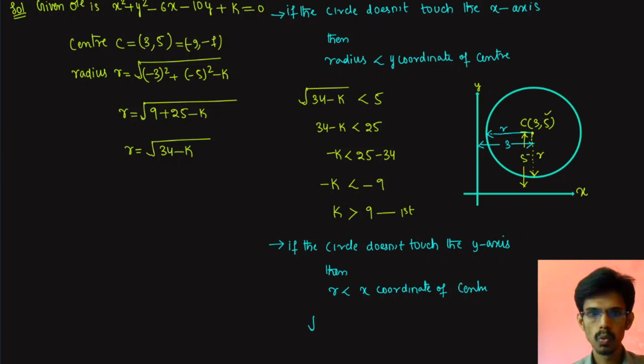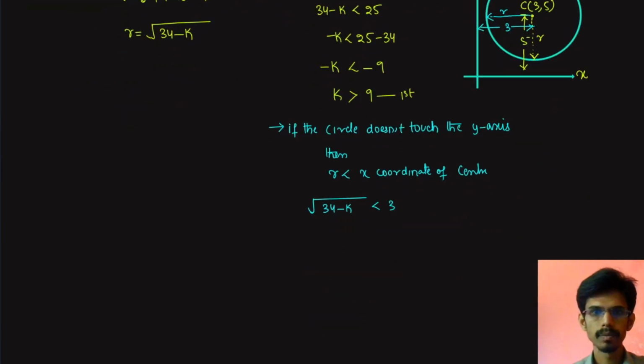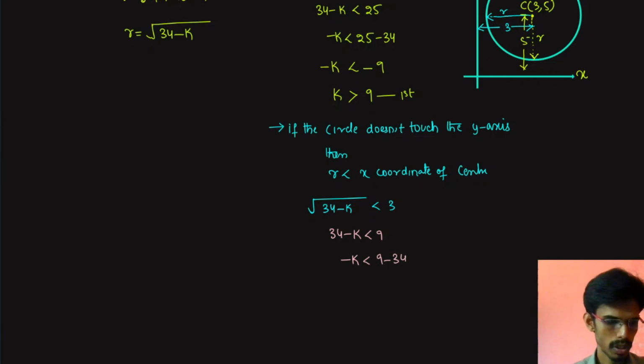So the radius is root over 34 minus k, less than the x coordinate, which is 3. Now squaring on both sides, we have 34 minus k less than 9, so minus k less than 9 minus 34. This will become minus k less than minus 25.